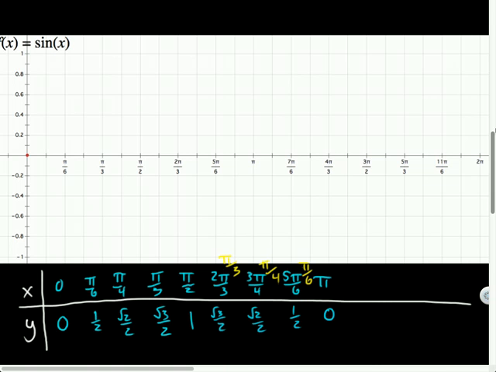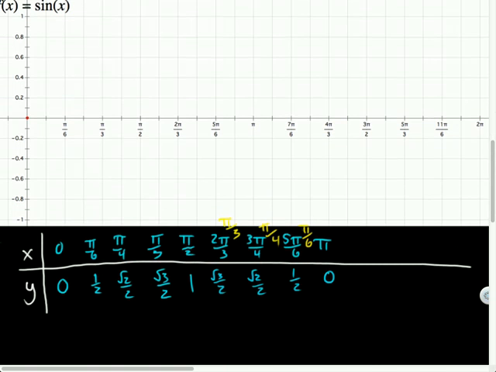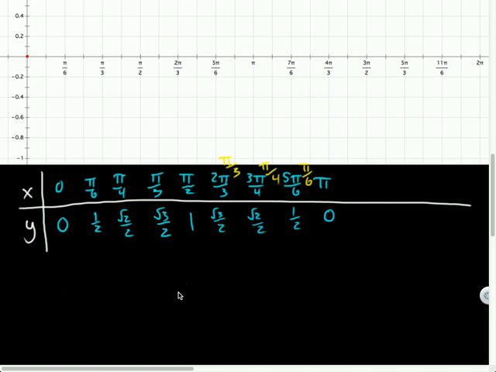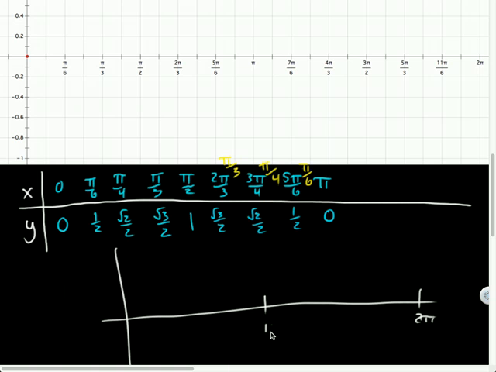So let's actually plot some of these points. Draw your y-axis from -1 to 1, and try to fit all the way over to 2 pi. And actually, let me show you. I'll go out to 2 pi, and then I'll cut that in half and mark that as pi, and then I'll cut that in half and mark that as pi over 2. And then you could cut that in half and mark that as pi over 4, I suppose. And then this would be 3 pi over 4.